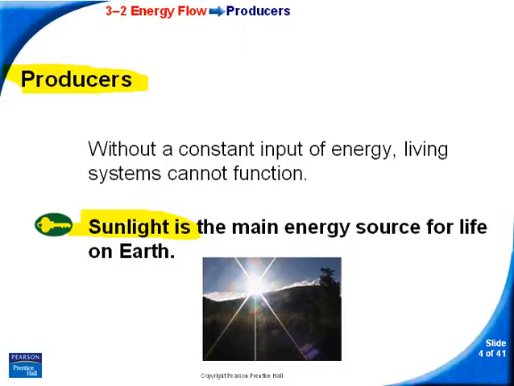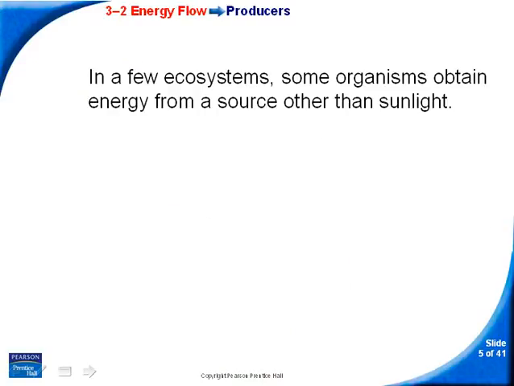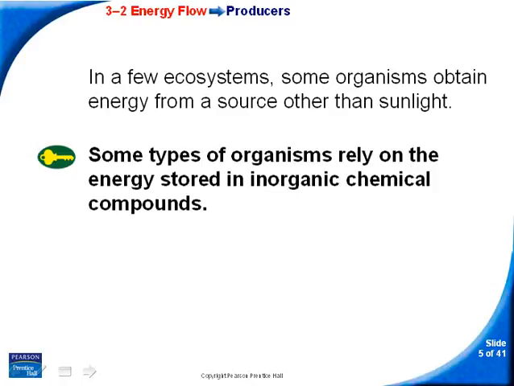So you can see that all energy on this Earth basically can be attributed back to the sun. There are some organisms in other ecosystems that get their energy from something other than sunlight, and they get that from energy stored in inorganic chemical compounds.